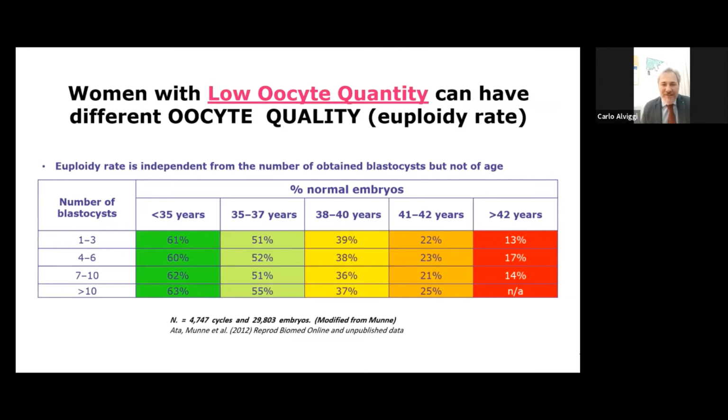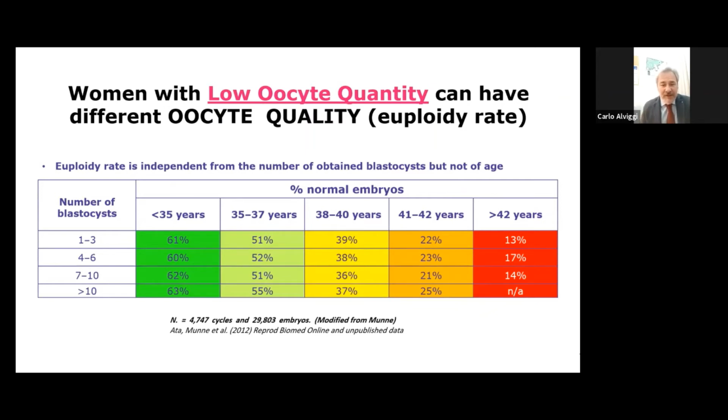You can see that moving from 35 years of age to 38, 40, 42, more than 42, the rate of euploid embryos dramatically decreases year by year. So having 40 as a cutoff probably is not appropriate, because even between 35 and 38 years of age, the difference is dramatic. So again, we cannot put these patients in the same basket.